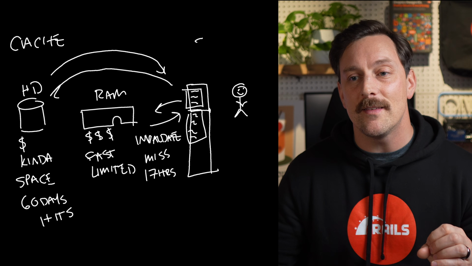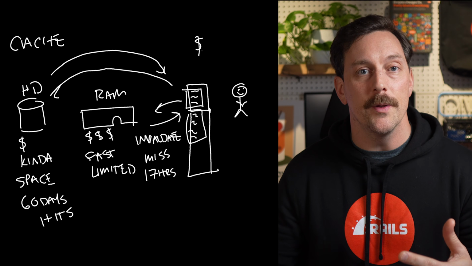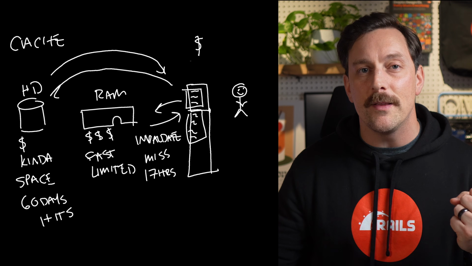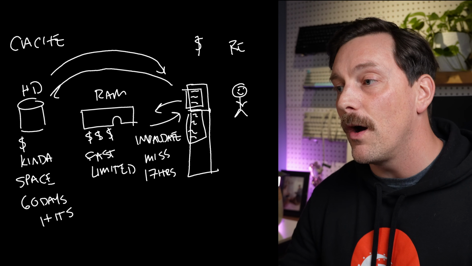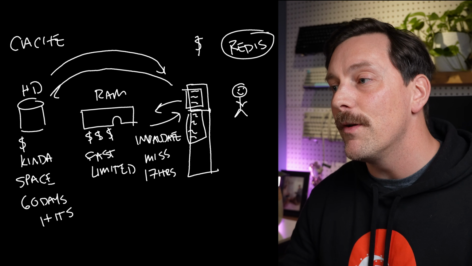So the end user is happy because ultimately they have a much faster page load time, and as developers we should be happy as well because we get to save money on our infrastructure bill because we don't need a whole lot of expensive RAM. We could just keep using more and more hard drives, and we can actually reduce our dependencies because we can get rid of Redis.